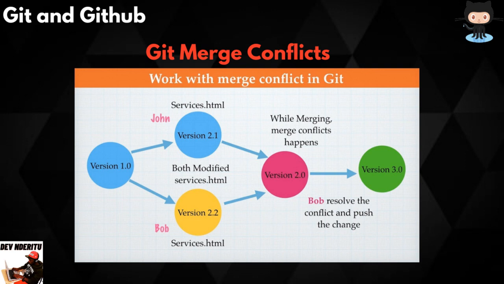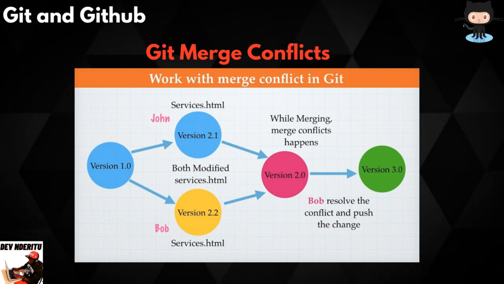Following up, as you can see on the screen, this is an example of a git merge conflict. You have version 1 of the software that John and Bob are working on. Then John has created his branch where he's working separately on a feature, and Bob creates another branch working on a separate feature. Both of these guys modified the file services.html, for example.